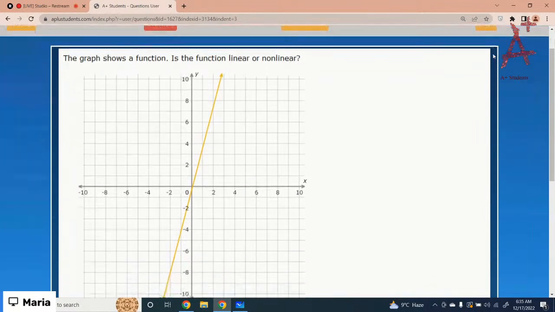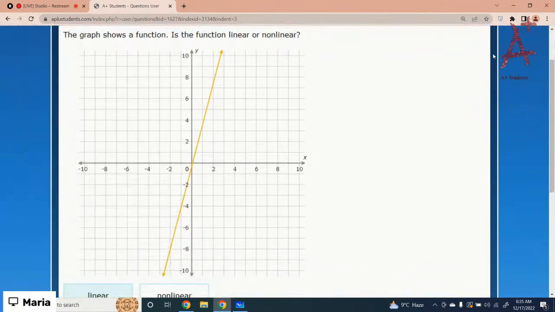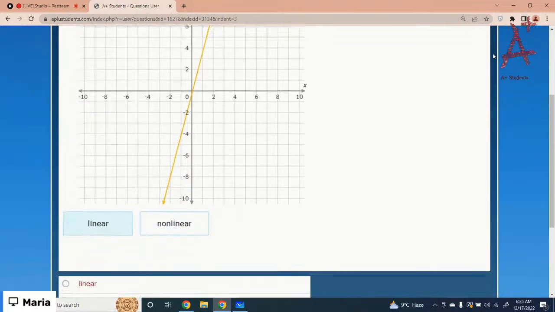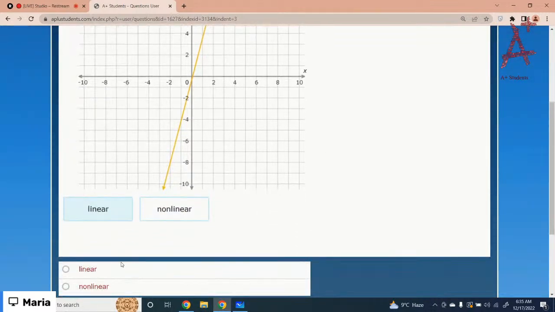Okay, the graph shows a function. Is the function linear or non-linear? It is a straight line. Got it? And straight lines are always linear functions. So it would be linear.